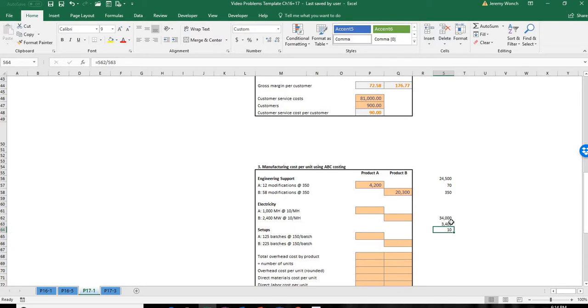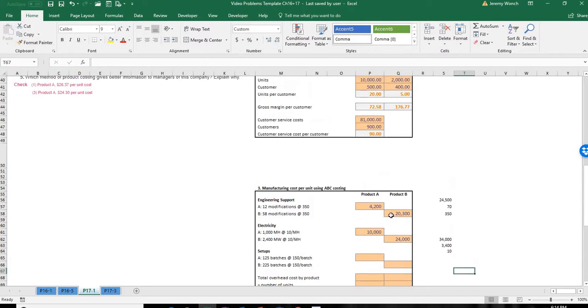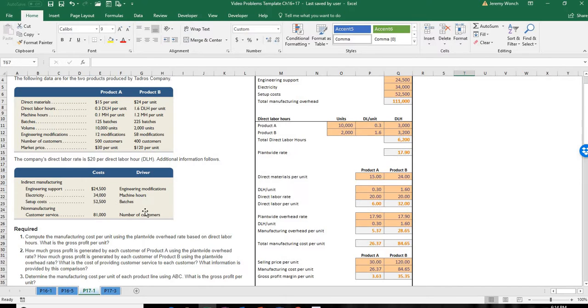So we're going to use our 10 megawatts per machine hour, and so we calculated 1,000 for product A, 2,400 for product B. So those two together, 34,000. That accounts for all of our electricity cost.